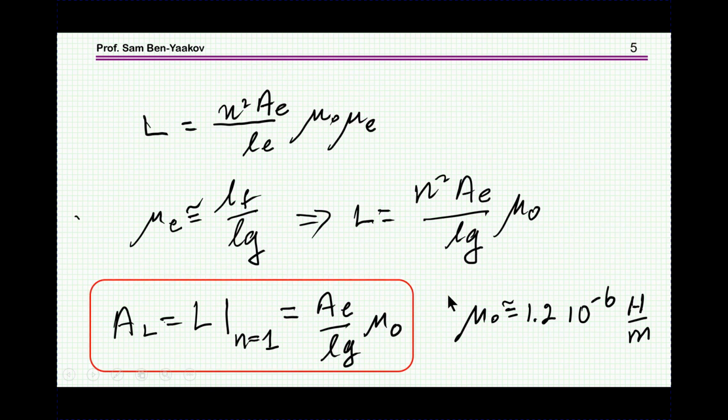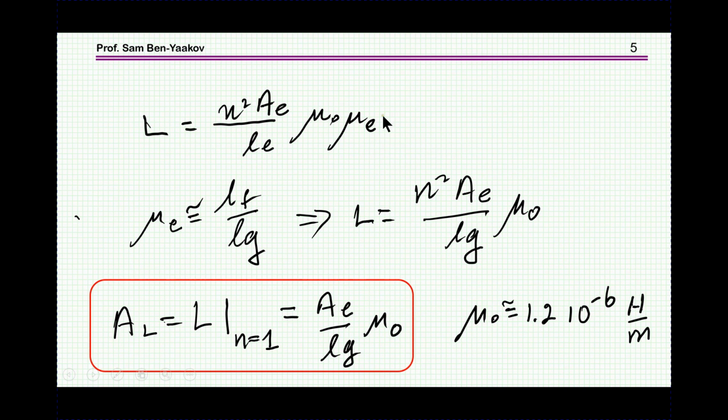So what we found now is that we can express mu sub E, the equivalent, by L sub F over L sub G, and now I'm turning to the equation of the inductance of an inductor. If we have an inductor with a cross-section area of A sub E, magnetic path length L sub E, and then we have n turns, then the inductance will be this relationship.